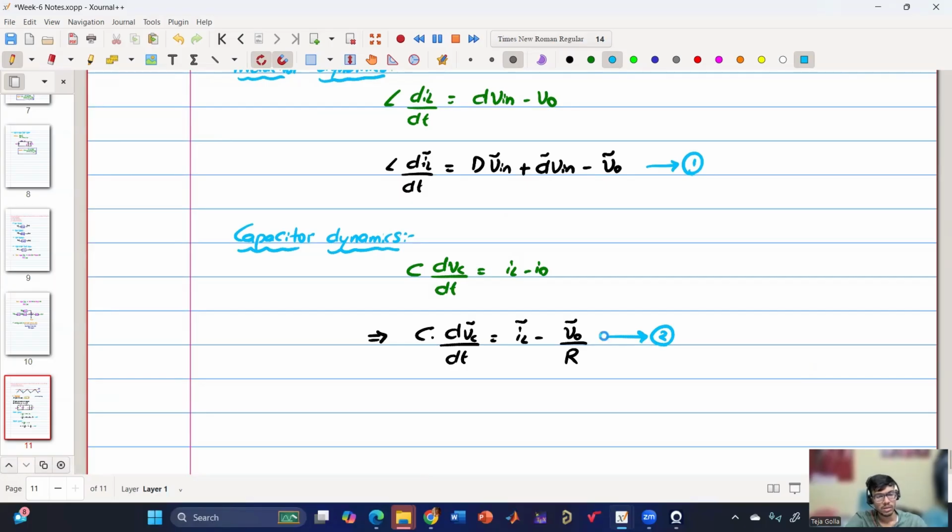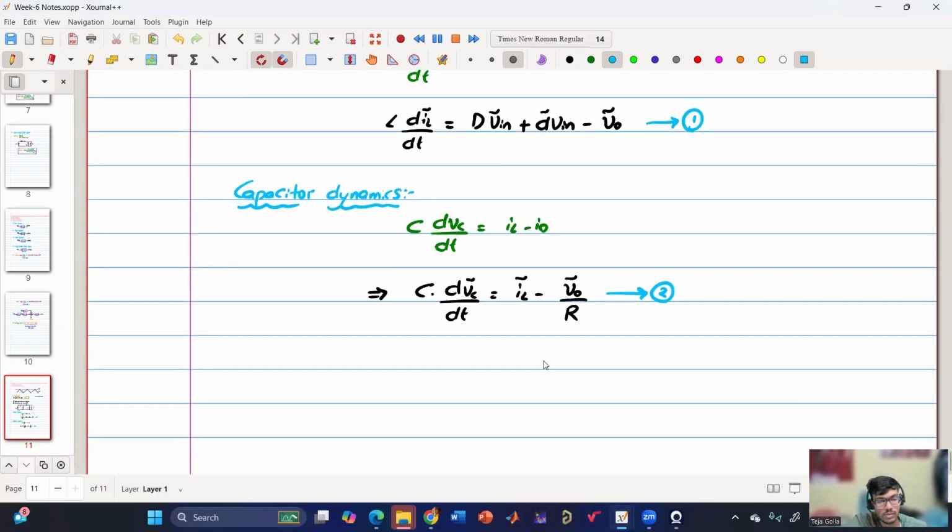Yes. Okay. And then because of the current mode control, we know that IL tilde is basically becoming IC tilde. And this is our equation 3.